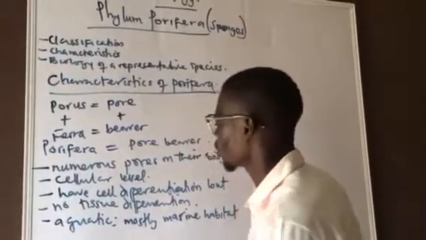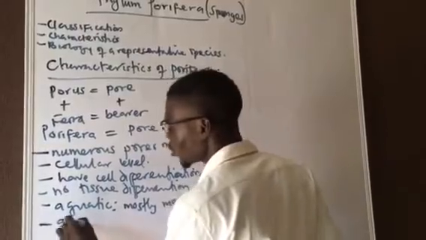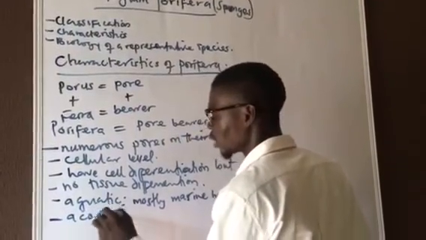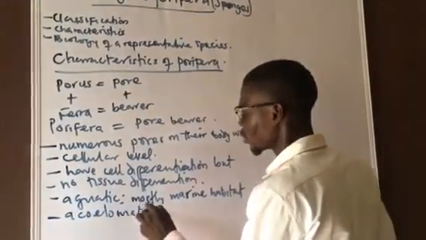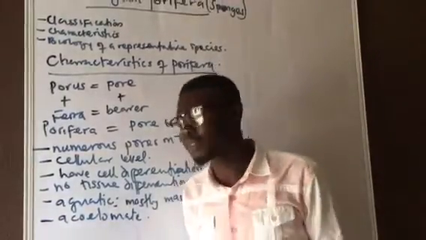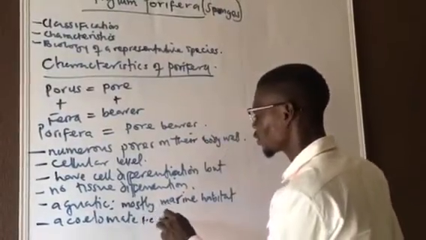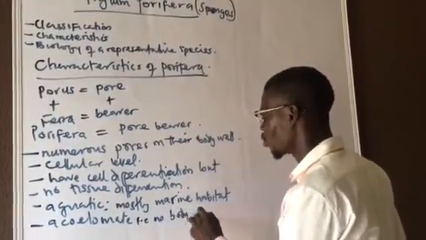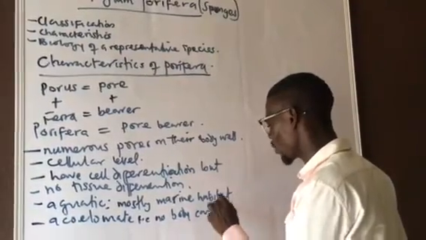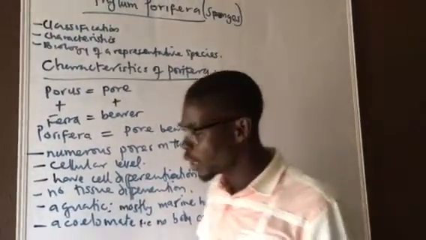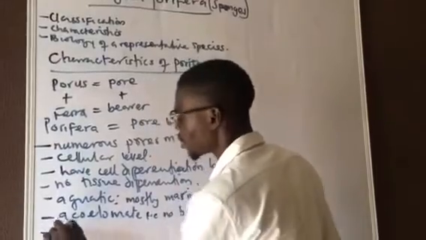Another characteristic of this organism is that they are acoelomate. They don't have a body cavity at all. No empty space. Then we also say that they are asymmetrical.